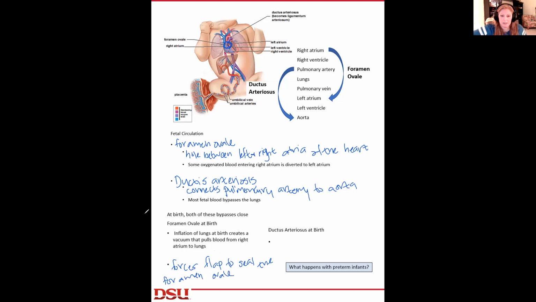And then as far as the ductus arteriosus at birth, cells will grow rather rapidly and close the duct.